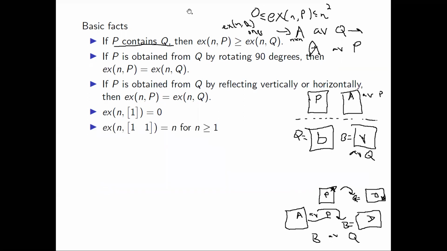Here's another pretty simple extremal function. If we have this matrix, which is a 1 by 2 0-1 matrix, a matrix of all ones, its extremal function is n. We can see this in two parts. So the first part, we'll see why it's at least n. To see that it's at least n, we just have to construct an n by n matrix with n ones that avoids this matrix.